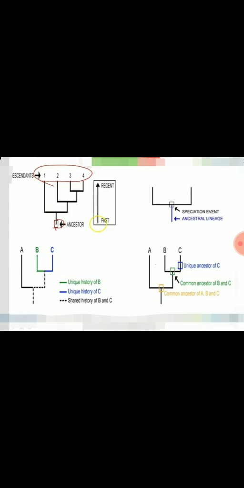A node just indicates the number of ancestors, not the level of advancement. You have to read all phylogenetic trees from the ancestor to the recent organisms.